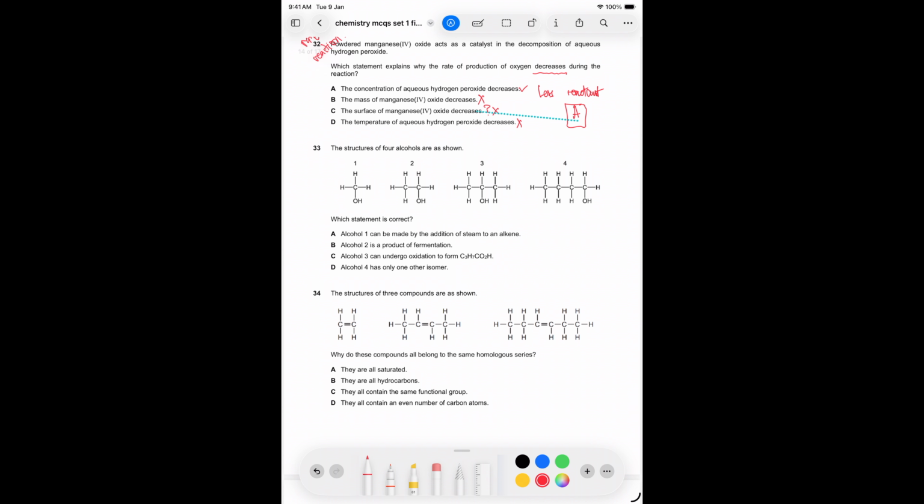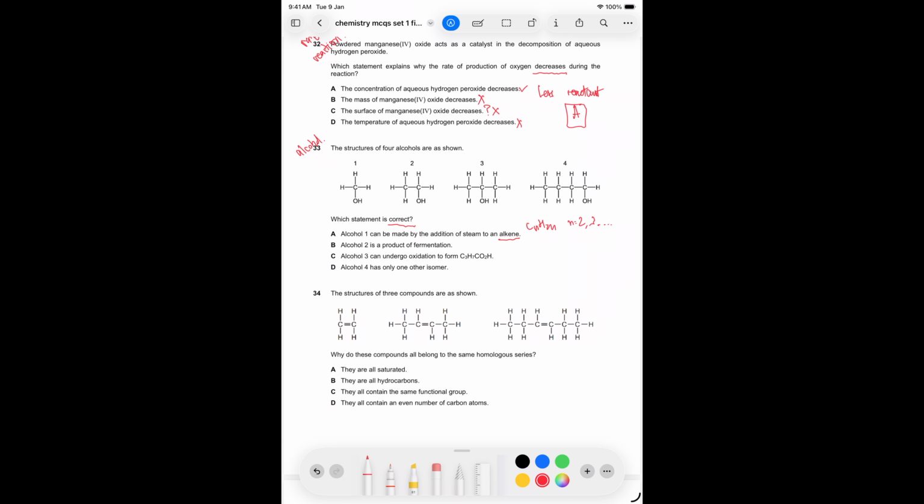Question 33. So we start with organic chem, under alcohol. Which of the statements is correct? You have 4 different alcohols in this case. Alcohol 1 can be made by addition of steam to an alkene. Is it true? No. If you still remember, the general formula of alkene is CnH2n, starting from n equals 2, 3, and so on.